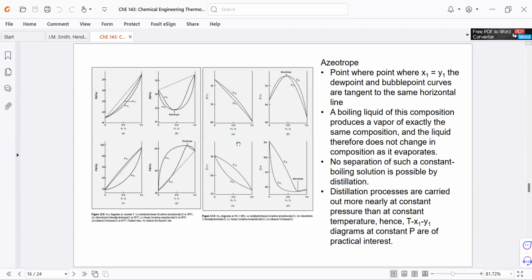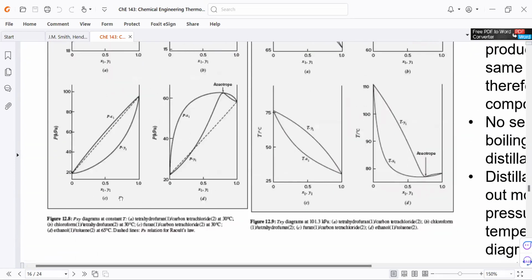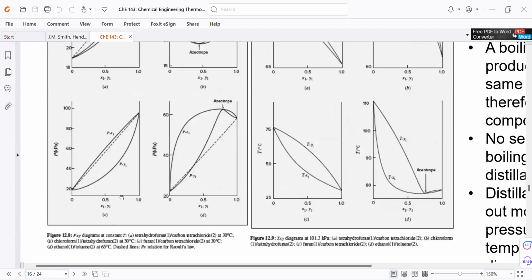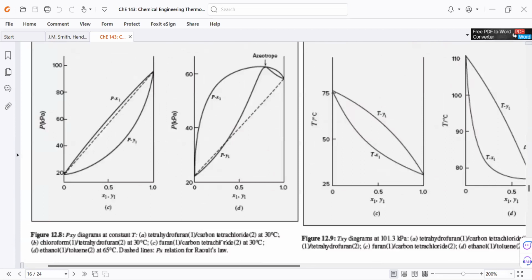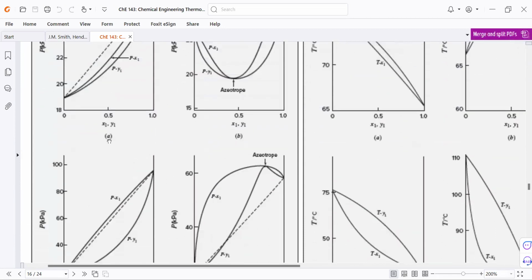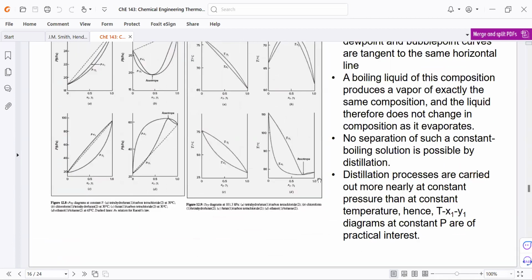Here we have different systems, the PXY and TXY of those different systems. We have tetrahydrofuran, carbon tetrachloride at 30 degrees, so that's system A, and so on and so forth. So what do we notice?